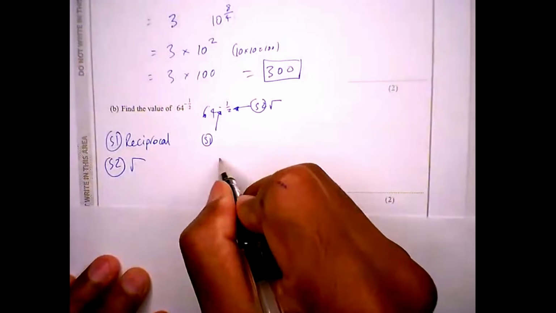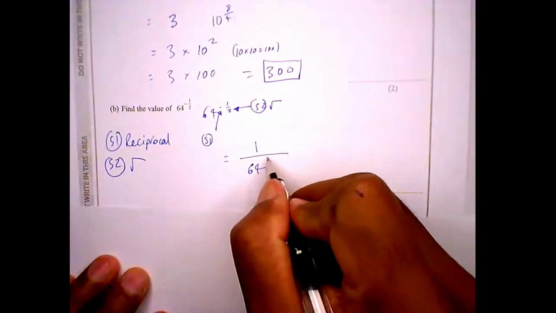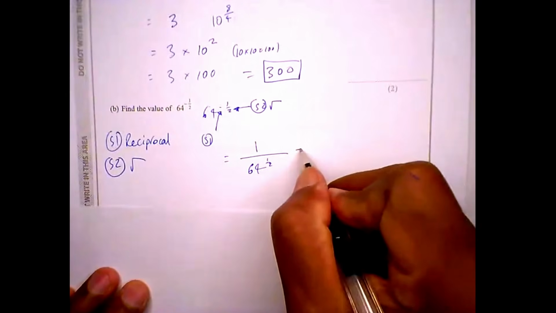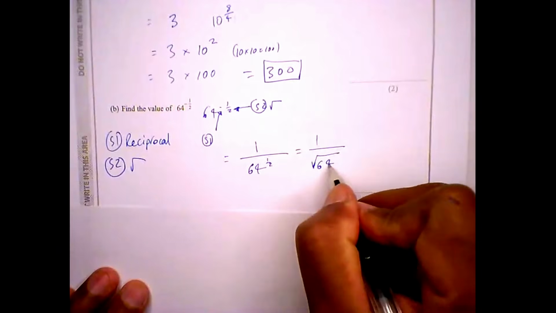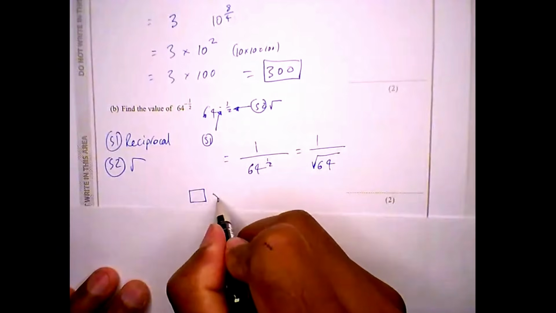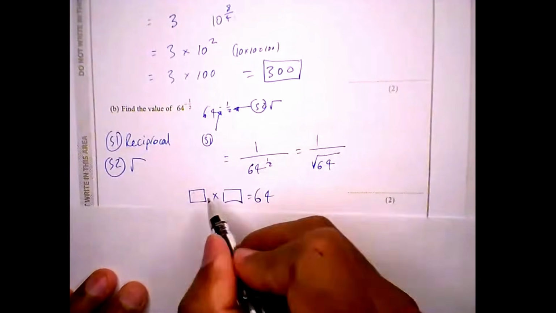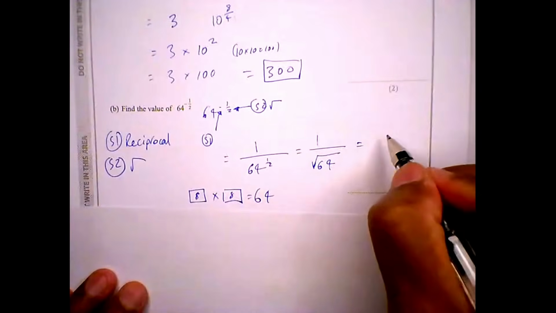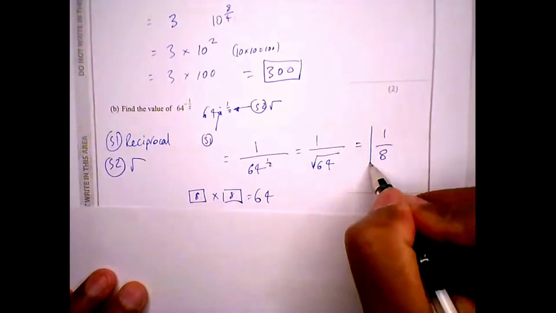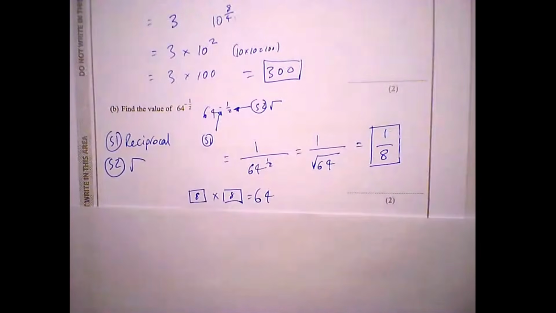So this is going to be 1 all over 64 to the power half, which is 1 over the square root of 64. What number multiplied by itself gives me 64? It has to be 8. So 8 times 8 gives me 64. So my answer is 1 over 8. Okay, again, another nice 2 marks there.